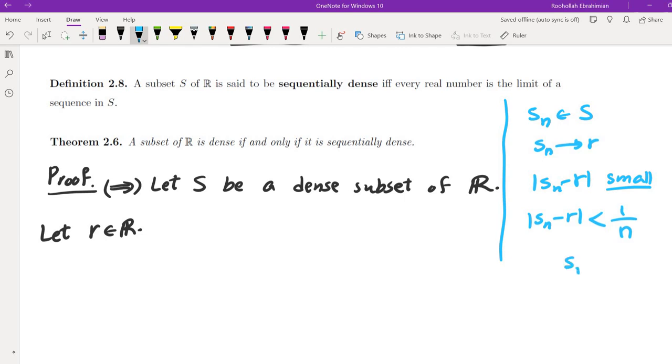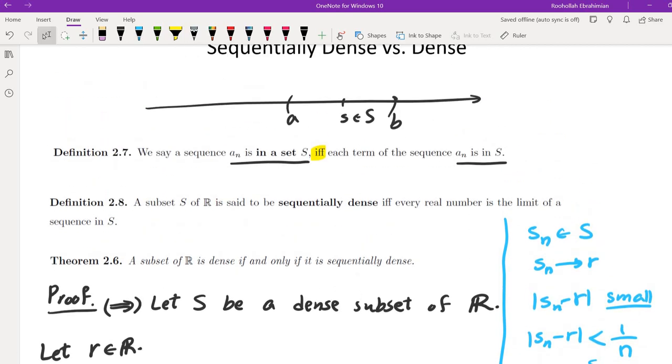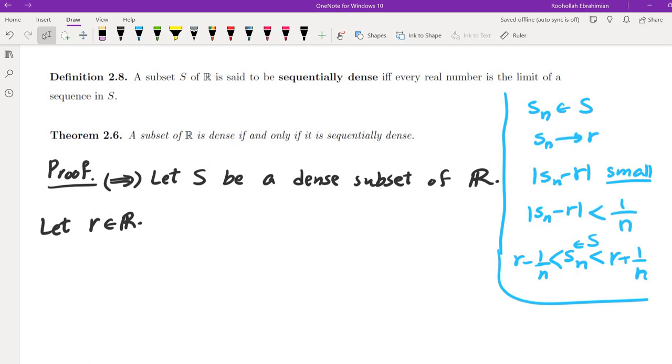And this can be done because if I rewrite this inequality, I would get this inequality. And of course, I can always find an element of S inside any interval. If you go back and look at the definition of dense, that's exactly what it was.